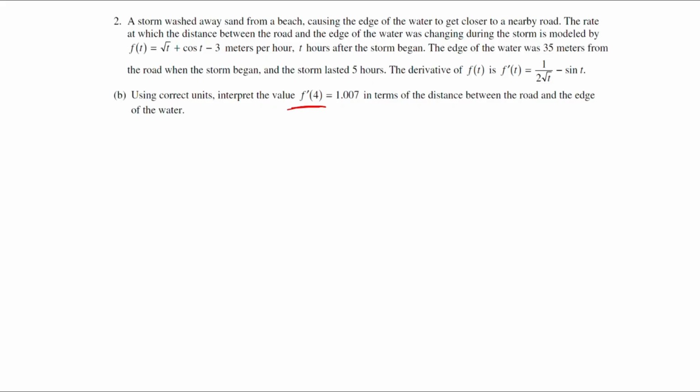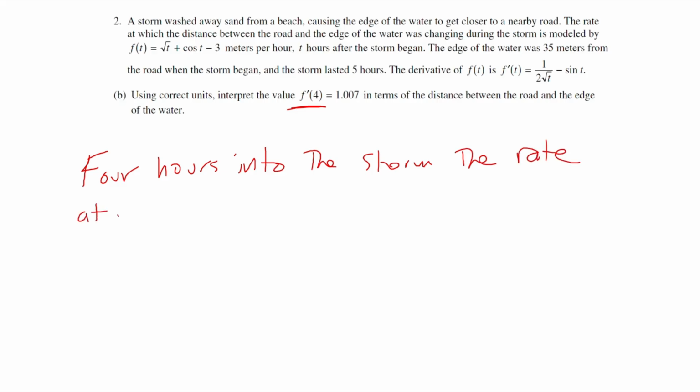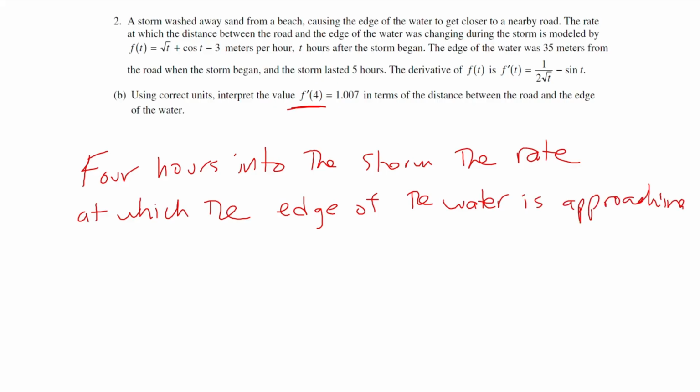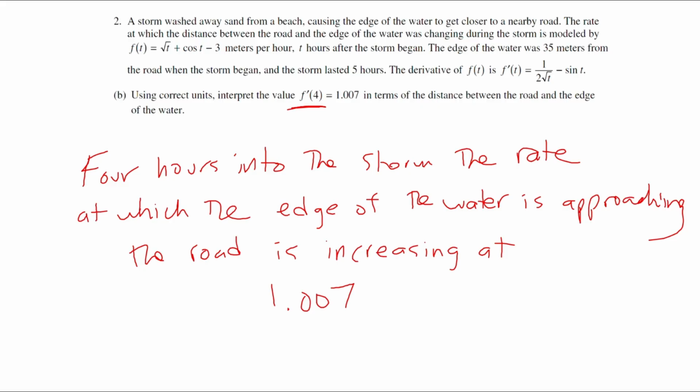So we'll say that 4 hours into the storm, the rate at which the edge of the water is approaching the road here is increasing at 1.007, and our units here are going to be, this was in meters per hour, so this will be meters per hour since it's a derivative, or meters per hour squared.